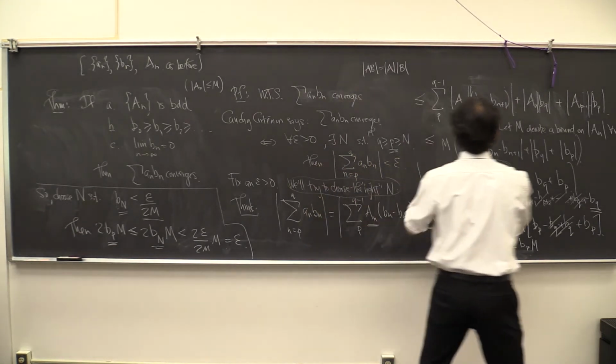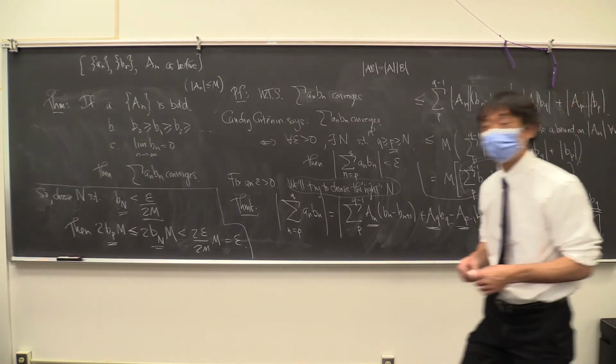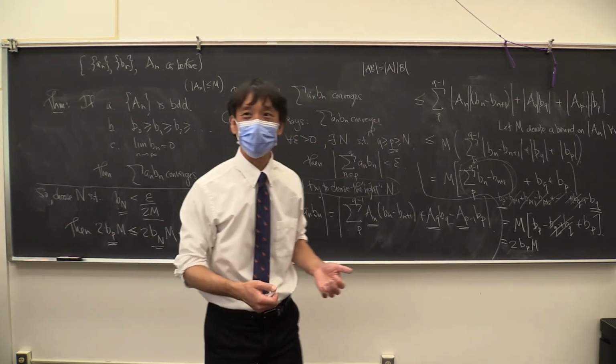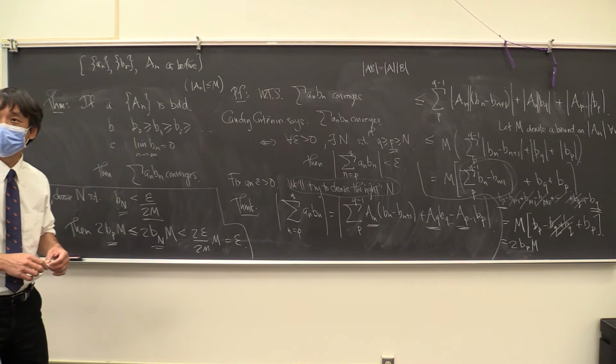Then I just do the triangle inequality, use the conditions on B, and see what n I need to choose. So I hope this is obvious, at least in hindsight. It's of course not obvious if it's just given to you cold. But I hope you understand what we're doing.